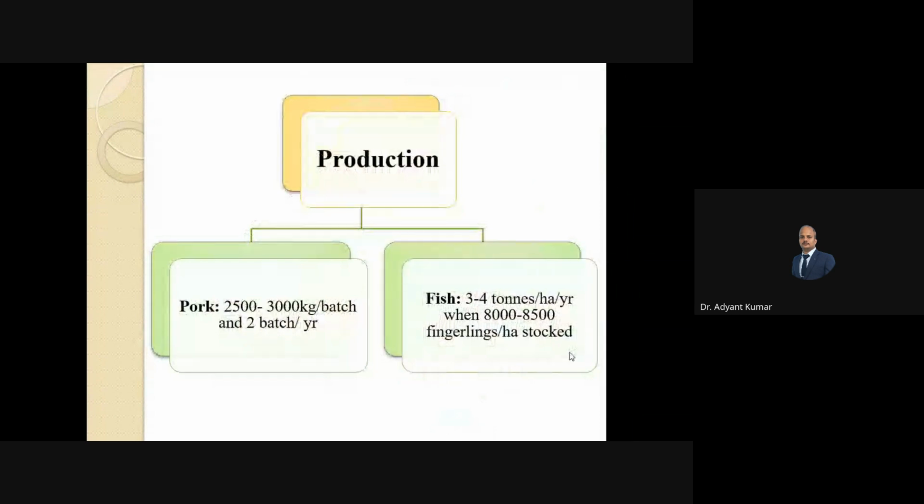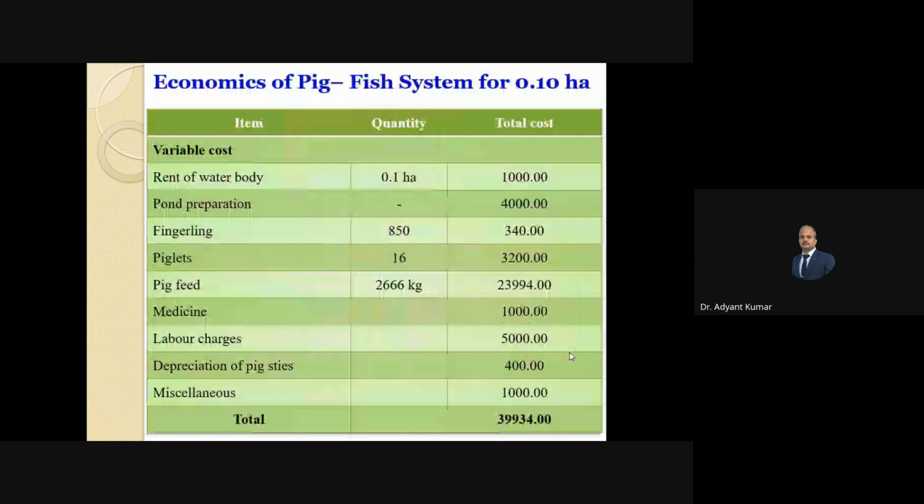Here we can obtain a production of pork of 2,500 to 3,000 kg per batch and two batches in a year, and in addition we can obtain 3 to 4 tons of fish per hectare per year with 8,000 to 8,500 fingerlings stocked.